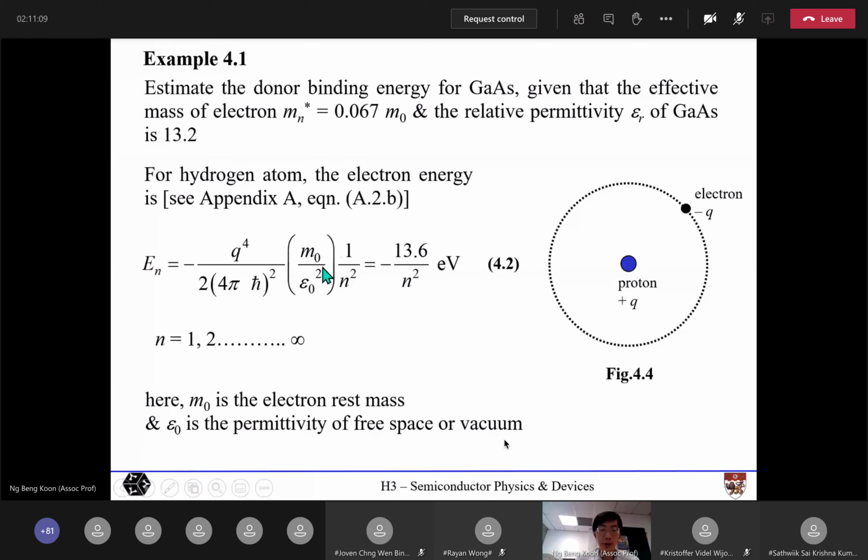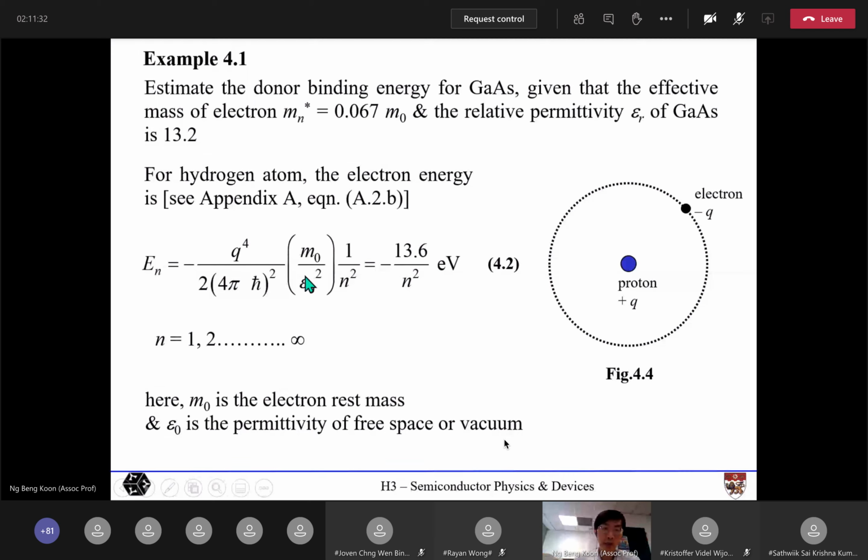There is another quantity that we need to modify when applying this equation to the donor impurity atom in gallium arsenide. It's the epsilon naught value, which in the case of an electron in an atom is the permittivity of free space, because there's nothing around it. But in the case of impurity atoms in gallium arsenide, the surrounding is now the crystal itself.